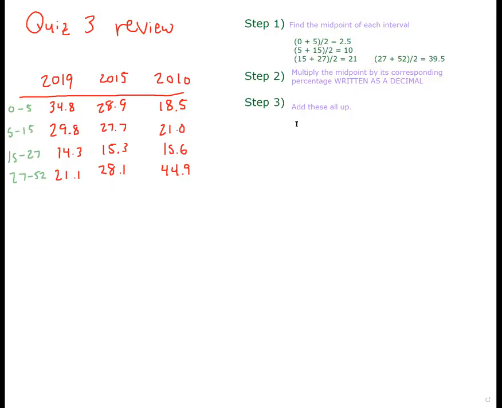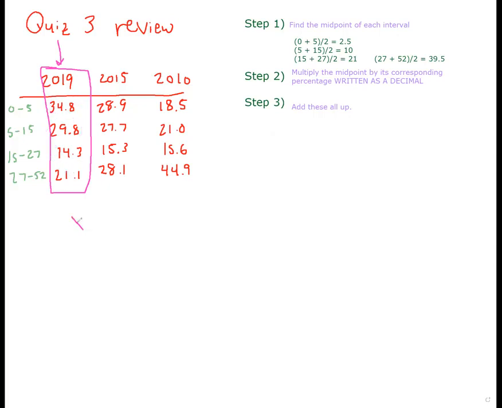Step 2, multiply each of those midpoints by its corresponding percentage written as a decimal. So what do I mean by that? Well, they wanted you to find the mean duration of unemployment in 2019, so we're going to be focusing on the 2019 column. I want you to multiply each of those midpoints by these percentages, but those percentages should be written as a decimal.